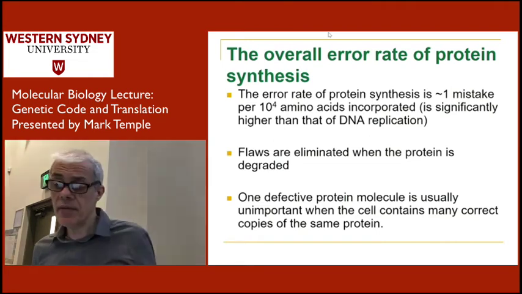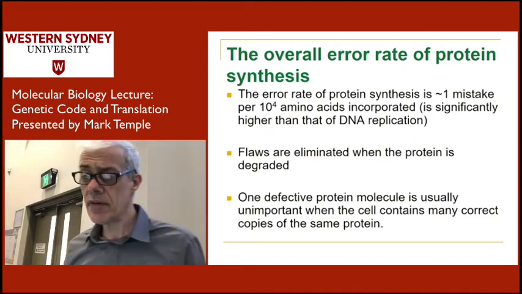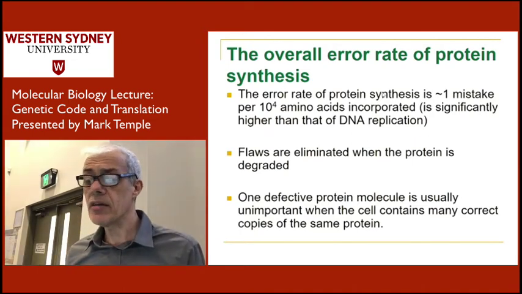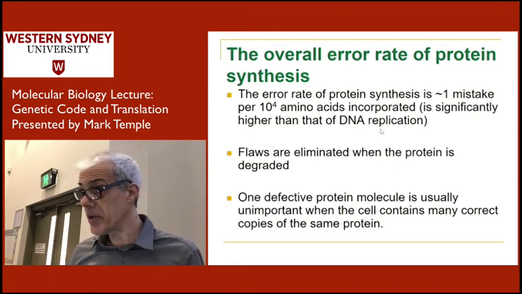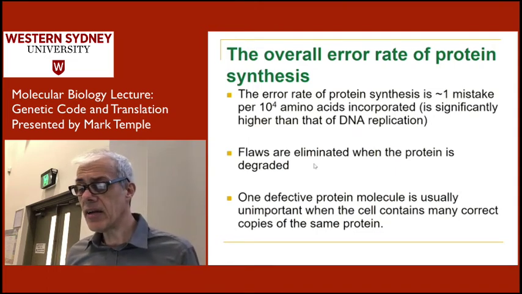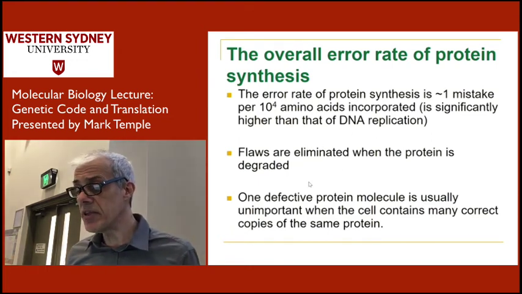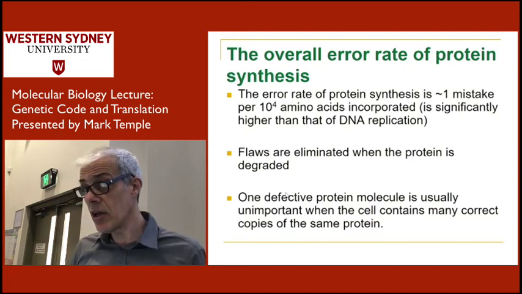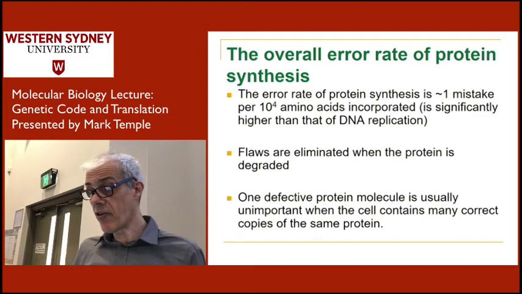Again, whenever we're looking at these polymerization reactions, we always think about the fidelity of the reaction. The error rate for protein synthesis is about 1 in 10,000, which is significantly higher than we see for DNA replication. But again, we've talked about this in relation to transcription as well, in that any mistakes that are made are transient in the cell, because the cell is going to make multiple proteins from one messenger RNA.